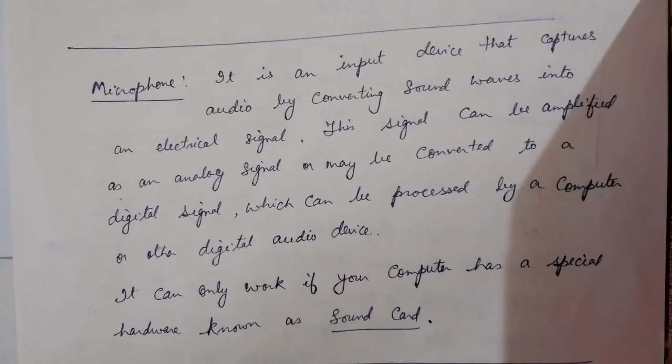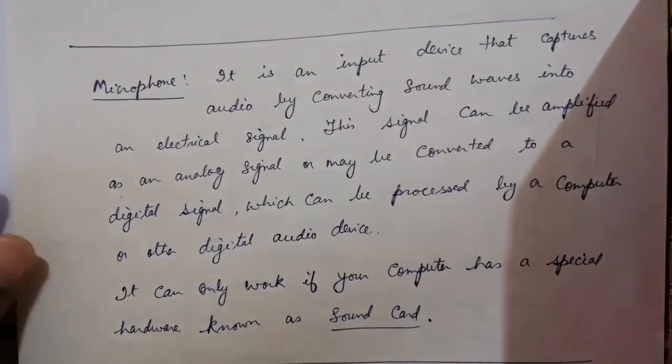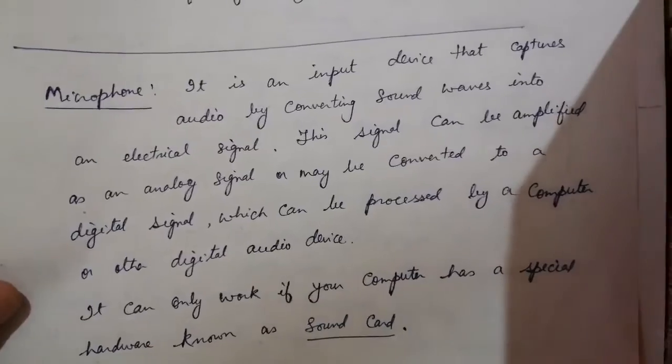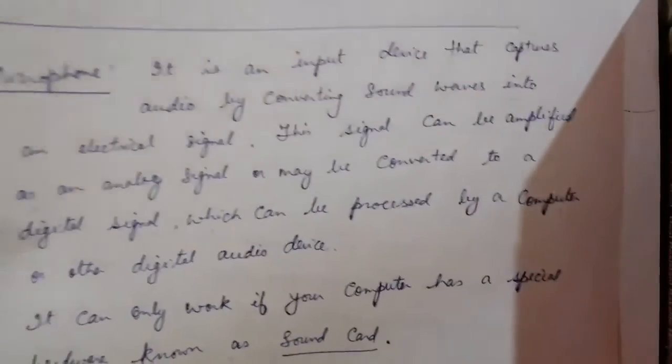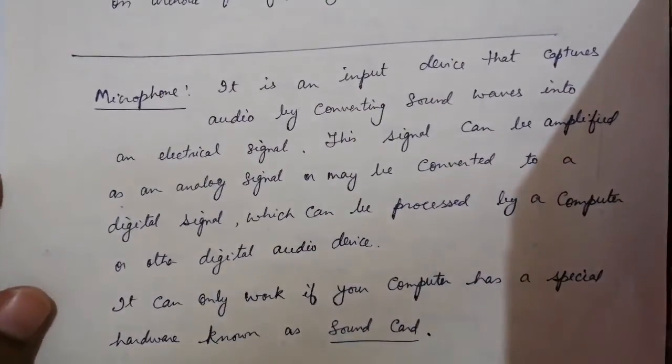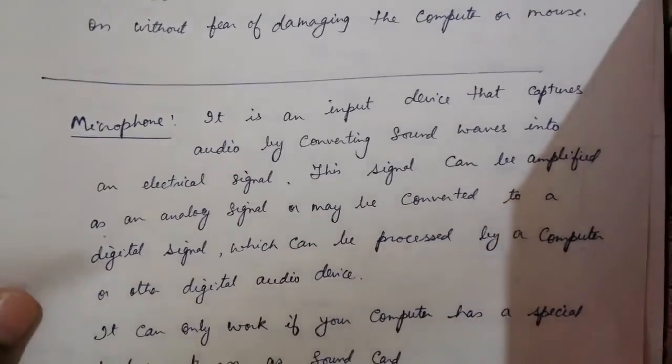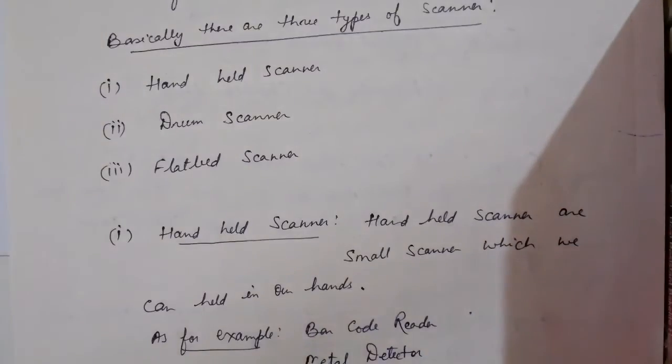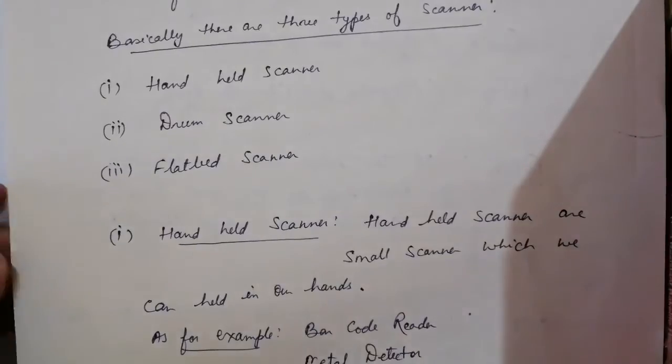It converts that sound into digital format, and then we can further edit the sound and do whatever we want with it. For a microphone, we require one device attached in the computer, that is the sound card. It is essential for any microphone or any sound to work. It requires a sound card. So it is asked in objective questions.